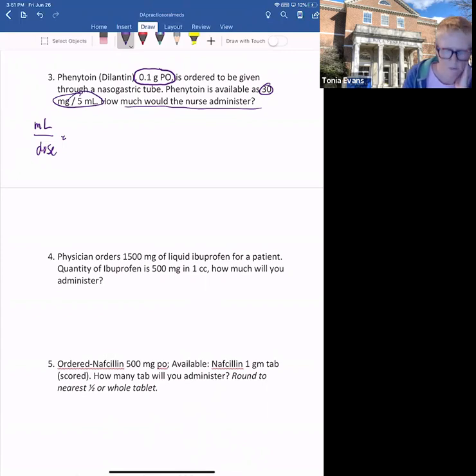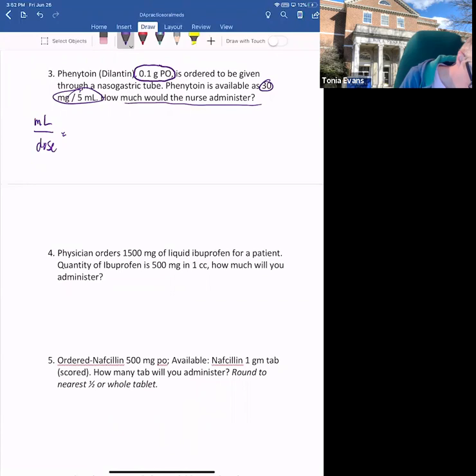Now I'm looking for milliliters per dose. Typically it's going to be volume, so look for your volume label. So milliliters, I'm going to start with that because that's in the numerator. And what do I know about milliliters? Well, I know that in 5 milliliters, I have 30 milligrams.